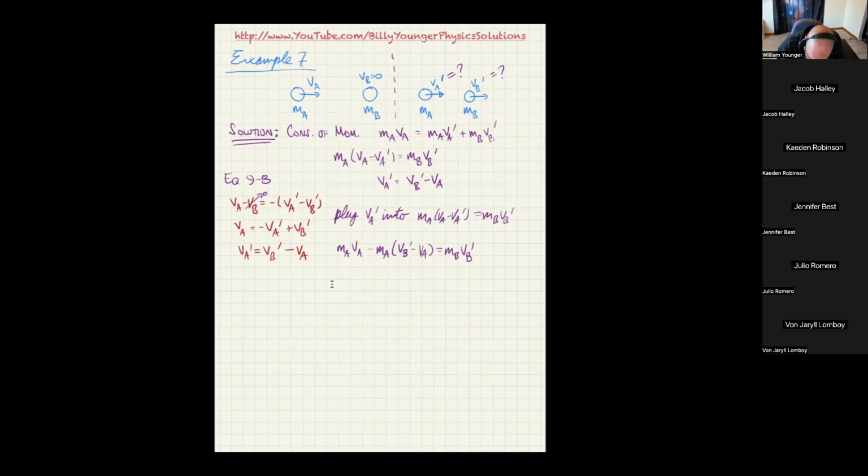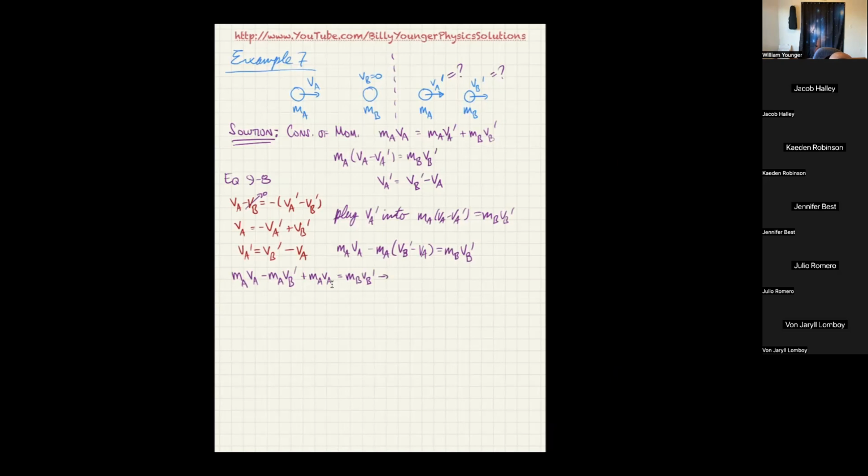I'm going to start on the left-hand side so I can have more room. I'm going to say MA VA minus MA VB prime. Minus minus becomes positive: MA VA equals MB VB prime. So now I'm going to get the VBs all on the same side.